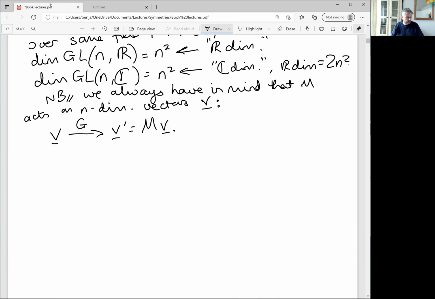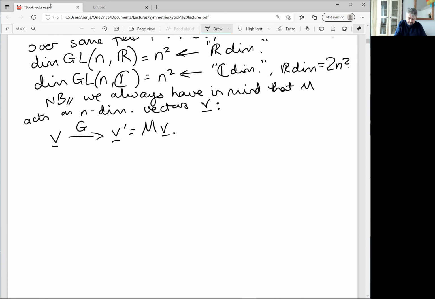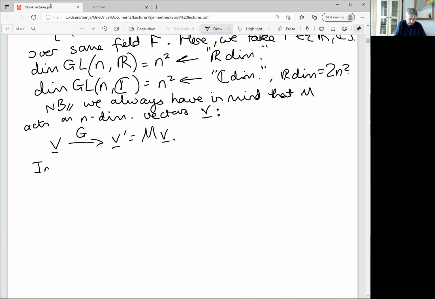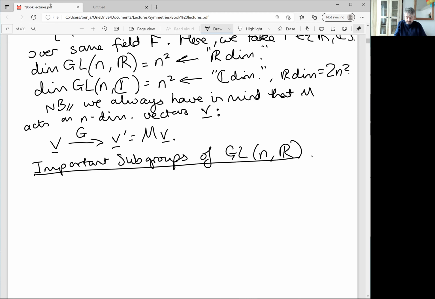So there are various important subgroups of this general linear group. Let's take the case where the field is the real numbers. So the first important case is called the special linear group.